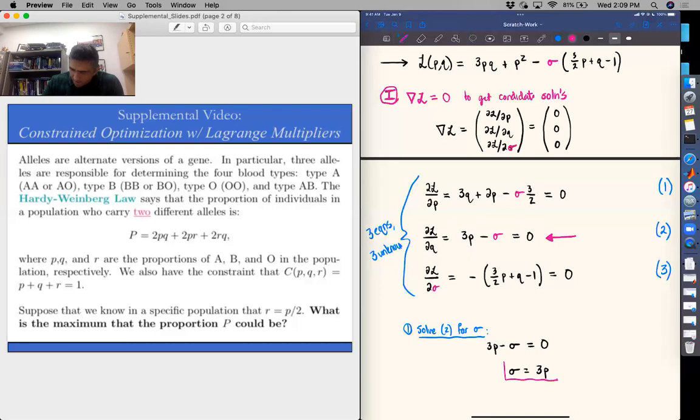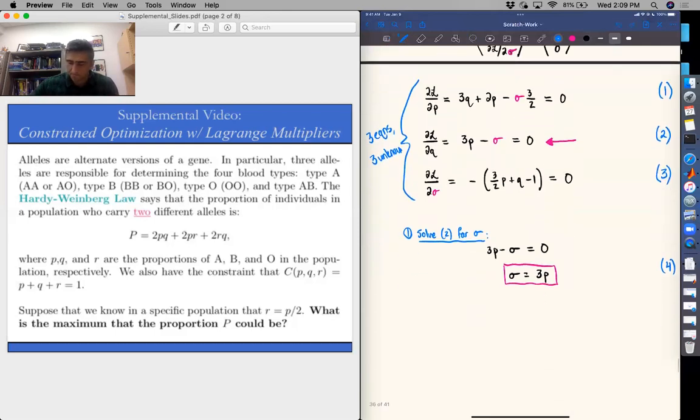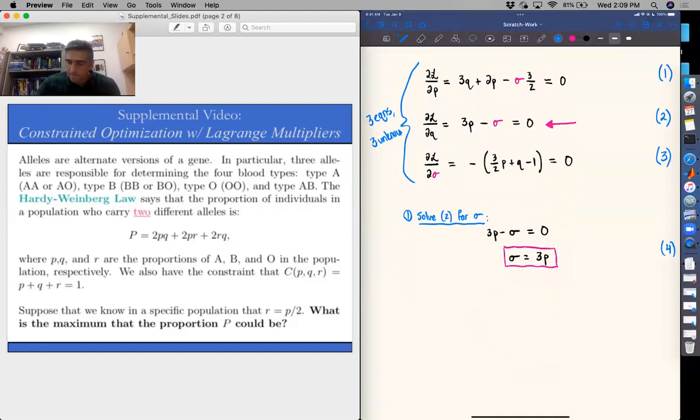Okay, that's maybe not too exciting, but I want to emphasize what we're trying to do is basically set up a method to go forward to figure out what each variable is in terms of other variables, and then sequentially knocking down the amount of unknown information we have. So now that I know sigma, I'm going to go ahead and plug that into equation 1. So the second thing here is I'm going to sub what we just found, that I called equation 4, into equation 1.